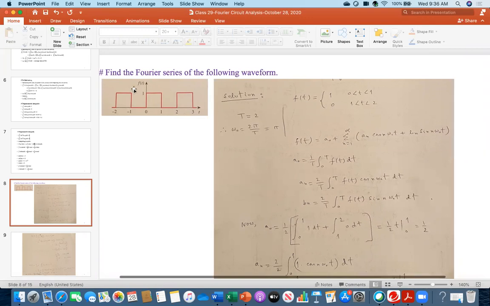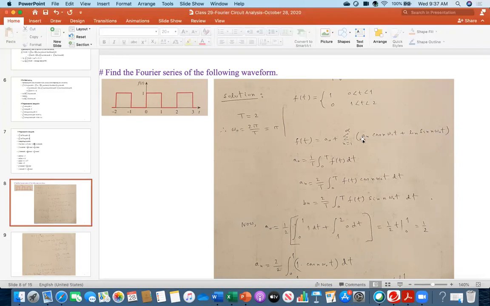First I am writing what the function value is. Function of t is 1 when t is in the range between 0 and 1, and then the function value is 0 between 1 and 2. That I just indicated. And I am writing that capital T is 2, that I just told you. And I am finding omega naught because that will be needed in the generalized form.